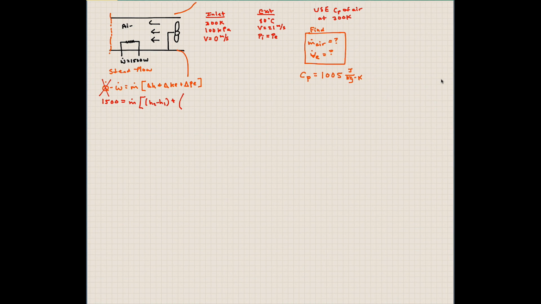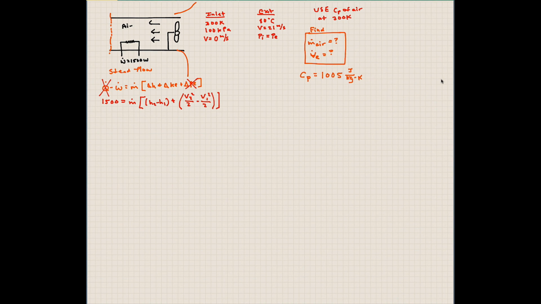So let's go ahead and say this is V2 squared. And just to comment on that, a lot of times the potential and kinetic energies, and here of course we don't have any potential energy change, it's all on the same plane, the airflow rate. There's no elevation or decrease in elevation on the plane.